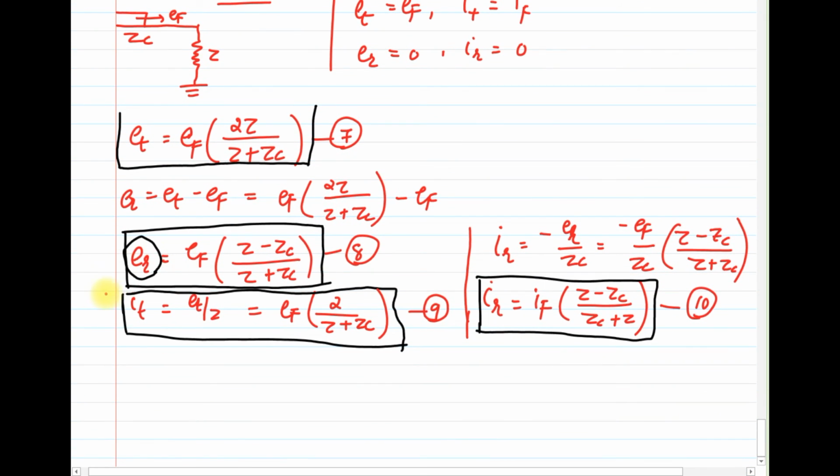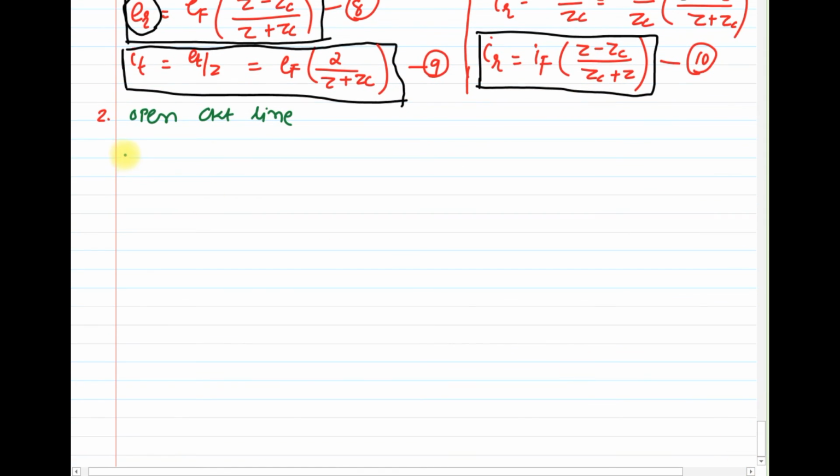Next, the second condition, which is the open circuit line. I will draw, then you will understand. If the line is open circuited, with the same EF and ZC, and the line termination is open, then this will become infinite.